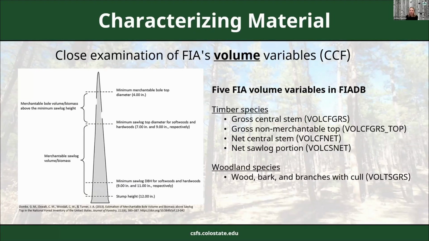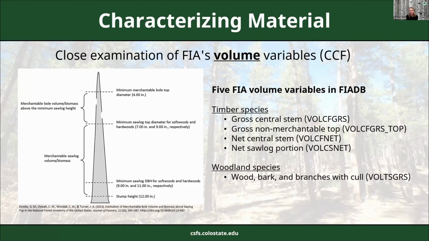And we took a close look at the different volume variables that are available in the FIA database, and we selected 5 different volume variables to be able to classify materials into categories that are relevant to existing or emerging industries.